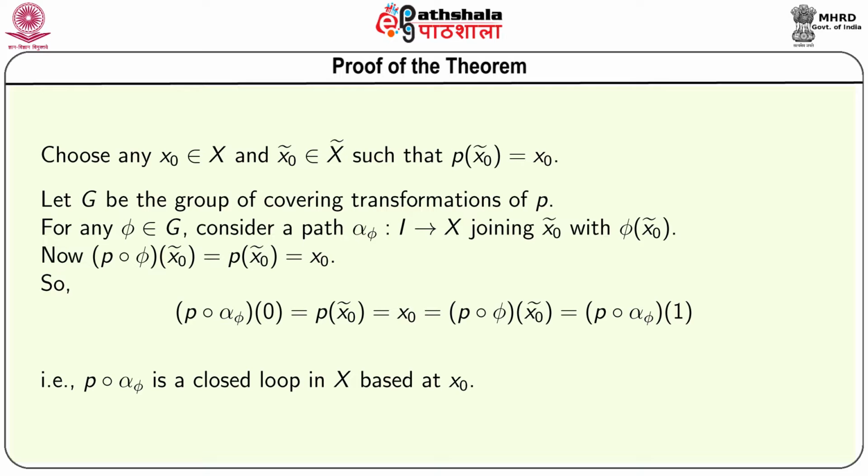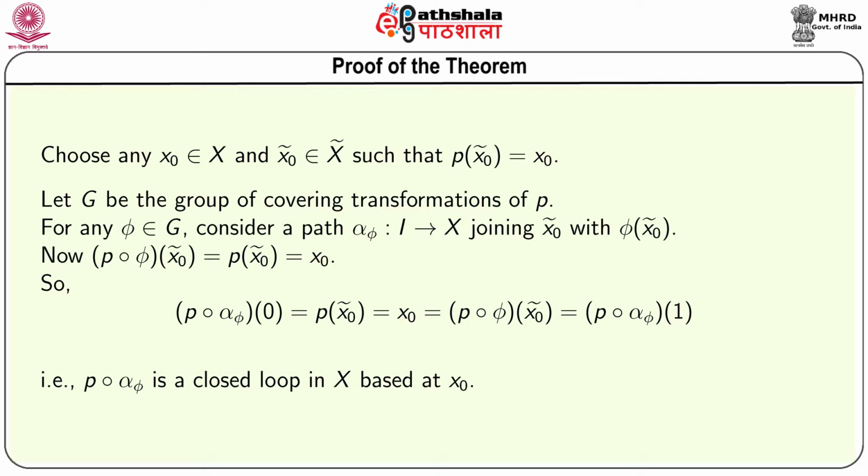Therefore, P composed alpha phi evaluated at the point 0 is P of x0 tilde, and that is x0. On the other hand, P composed alpha phi evaluated at the point 1 is P compose phi evaluated at x0 tilde, and that is equal to the same point x0.